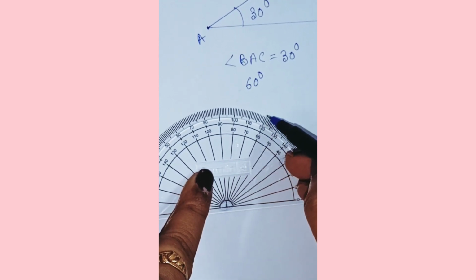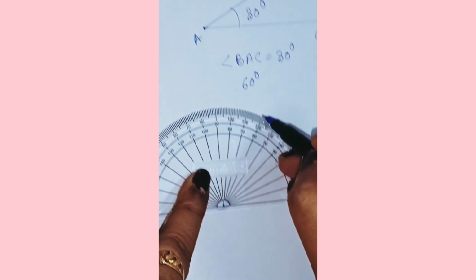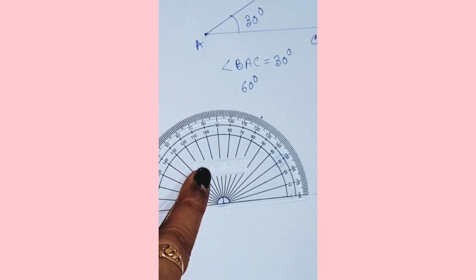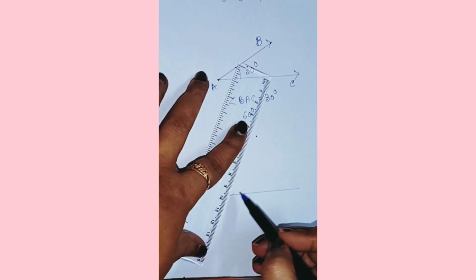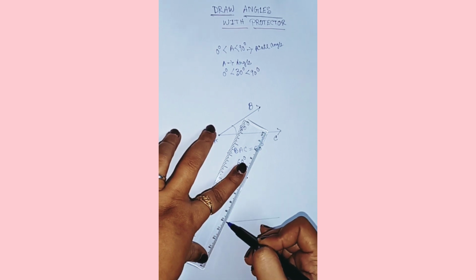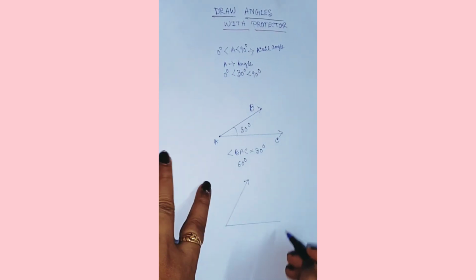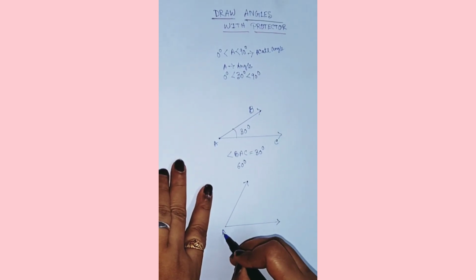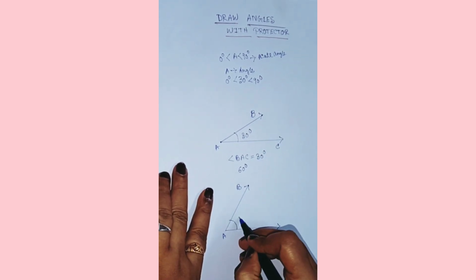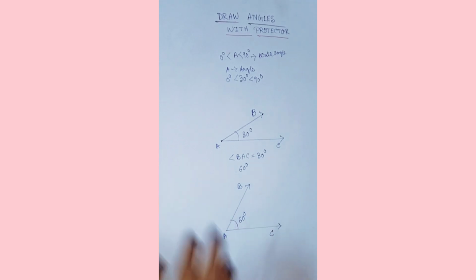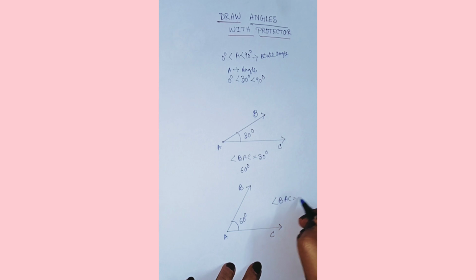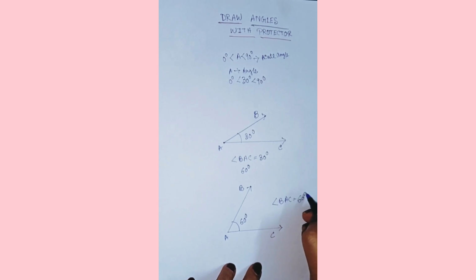Here is 60, then you put the point and join it to the starting point. That is how you can draw a 60 degree angle with the protractor. Now you write angle BAC is 60 degree.